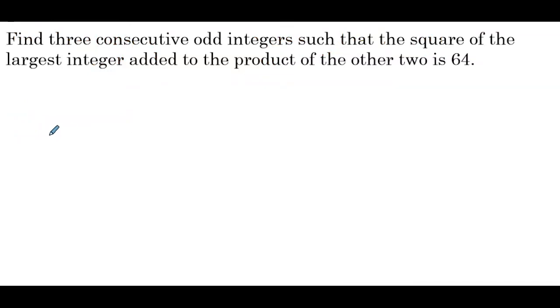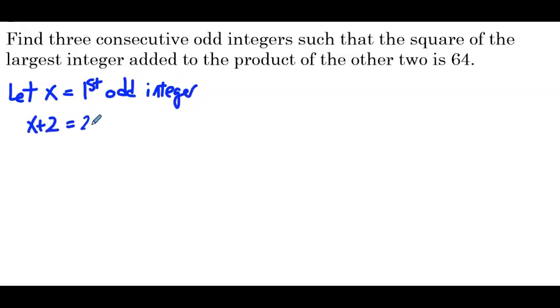Find 3 consecutive odd integers such that the square of the largest integer added to the product of the other two is 64. So our let statement: we'll let x be the first odd integer. x plus 2 is the second odd integer.